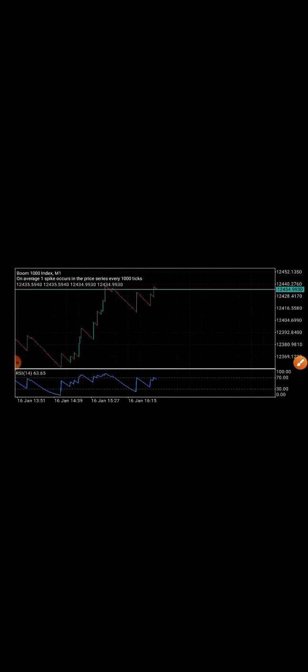Let's say I use my drawing tool like this. For example, if this is the RSI and on the main chart we have it like this, what we are going to do is take 3 to 5 candles and get out of the market.